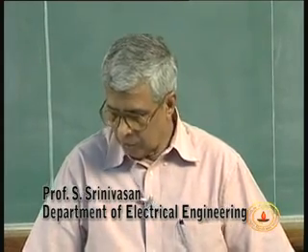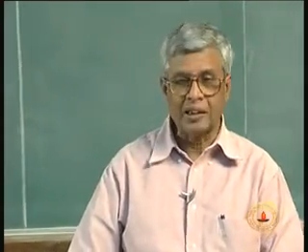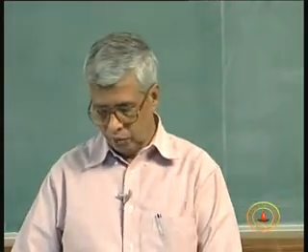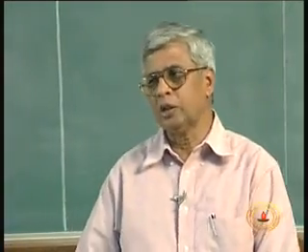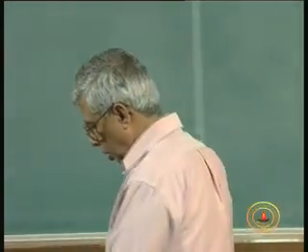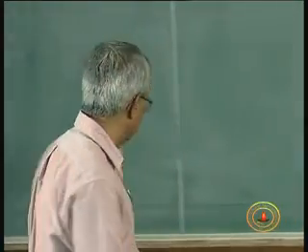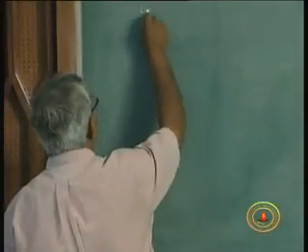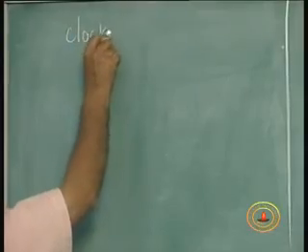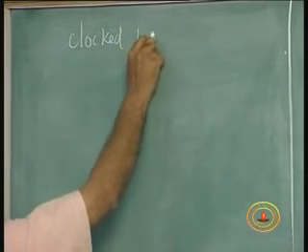Today we will see some improvements on that basic latch. First thing we will have to do is to introduce what is known as a clock. So a clocked latch is also called a flip-flop.